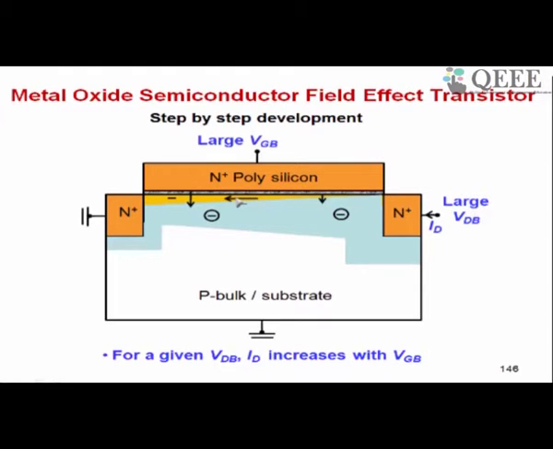I can change this N plus to P, this P substrate to N, and create an inversion layer of holes. That would be a P channel MOSFET. If you put an N channel and a P channel MOSFET together in a circuit, such a circuit is called complementary MOS. Now why would you like to put them together?